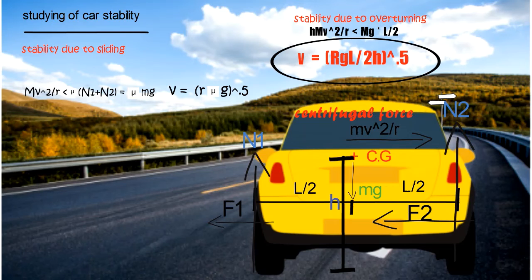So the distance from the center of gravity of the car to the overturning or tipping point is important for providing more safety in emergency cases and in curves. So this is how electric-based cars are more stable than ordinary engine-based cars.